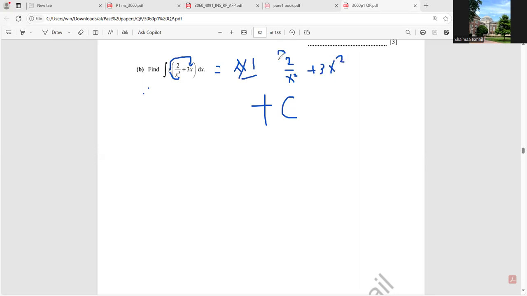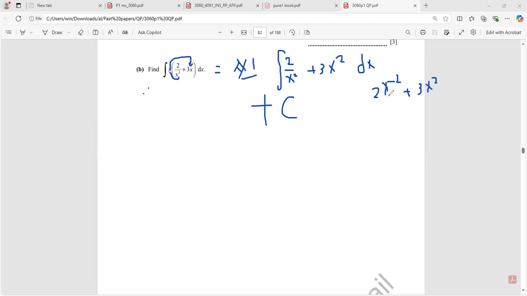And now we're going to put the integrate sign in terms of x. Here it will be 2x to the power -2 plus 3x squared. Don't forget we have to completely rewrite it because now we are going to integrate.